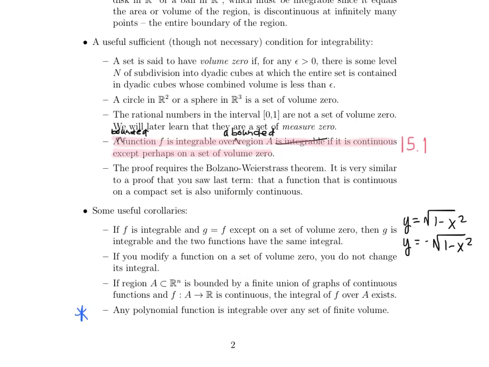That is a fact that you can certainly take as given and is very, very useful in some of the problem set problems as well as group problems that you'll be working on throughout the semester. So keep that in mind: just as useful as it was to remember that polynomials are continuous functions, polynomial functions are integrable over any set of finite volume.